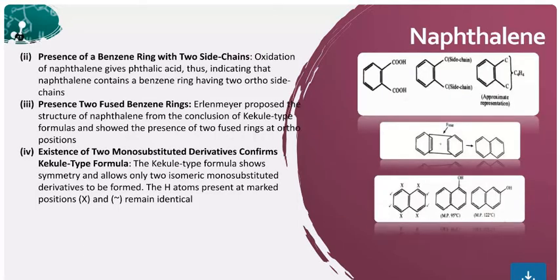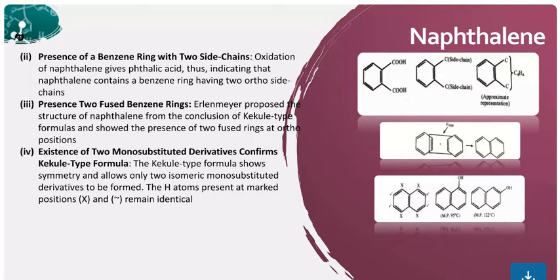Now, presence of a benzene ring with 2 side chains. Oxidation of naphthalene gives phthalic acid, indicating that naphthalene contains a benzene ring having 2 ortho side chains. This presents 2 fused benzene rings. Erlenmeyer proposed the structure of naphthalene from the conclusion of the Kekulé type formula, ensuring the presence of 2 fused rings. Now, the existence of 2 monosubstituted derivatives confirms the Kekulé type formula.